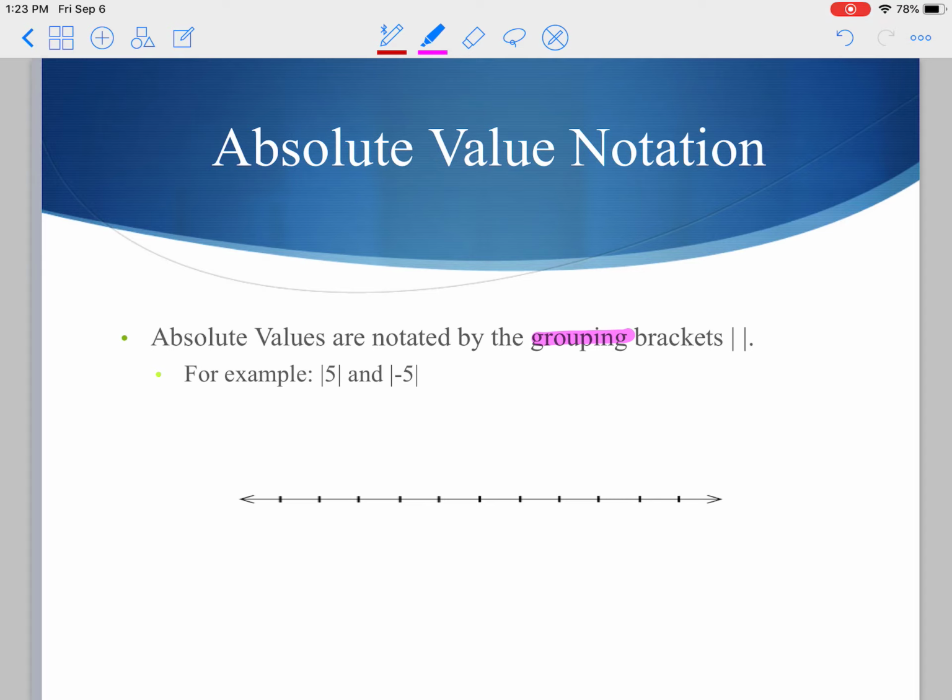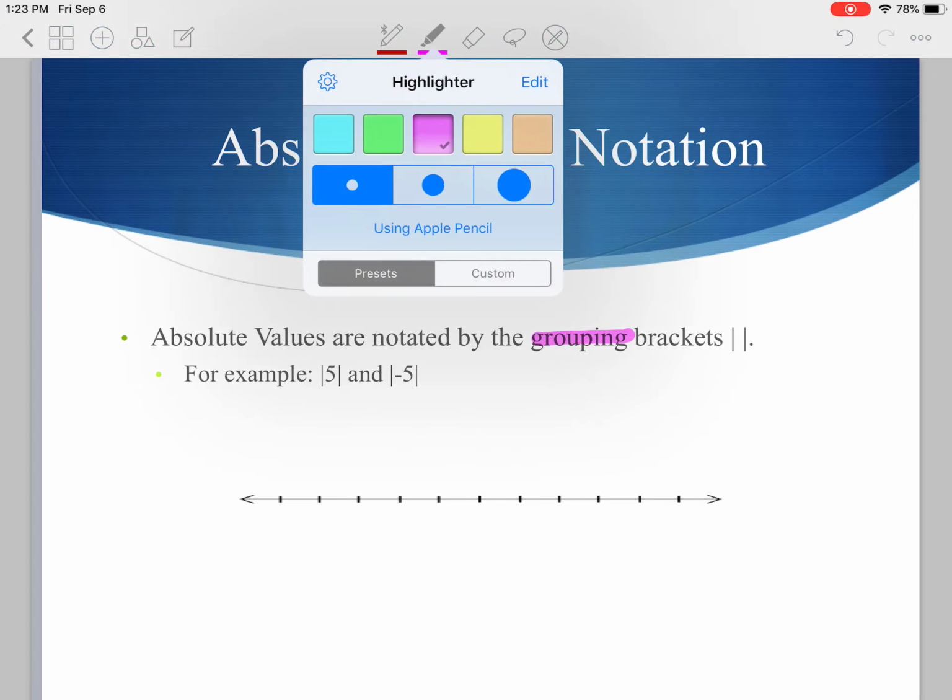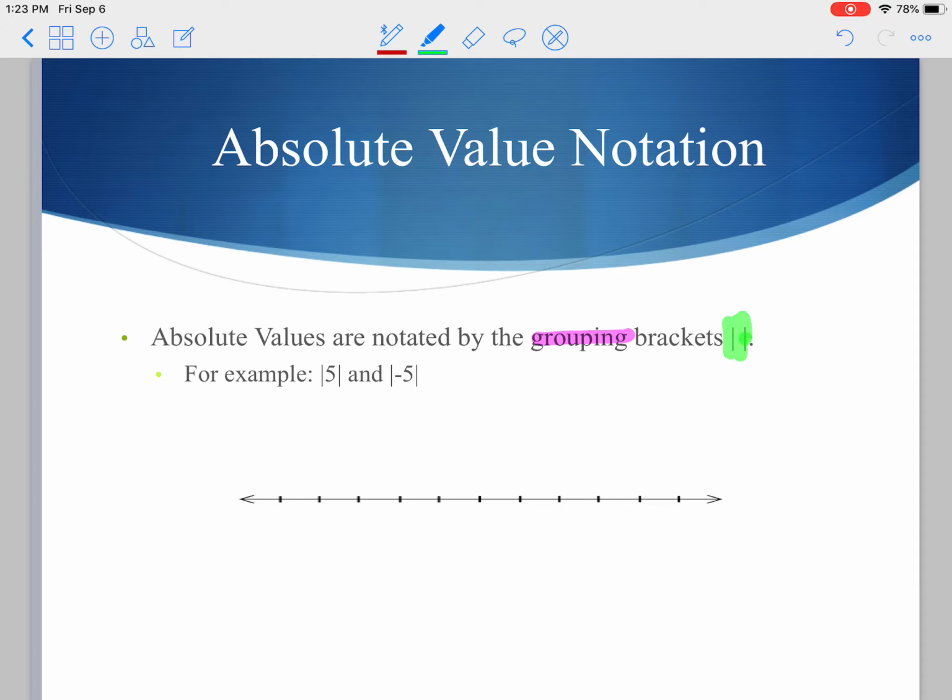We had altered that to, or modified it to GEMDAS, or grouping, exponents, multiplication, division, addition, subtraction. That is because we are now increasing the number of grouping symbols that we use. And in this case, we are now introducing absolute value brackets.